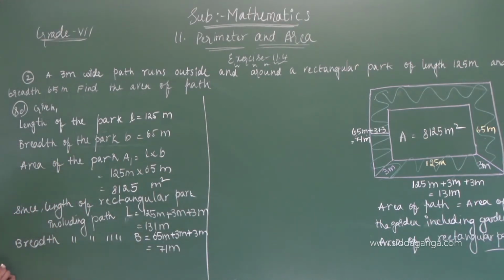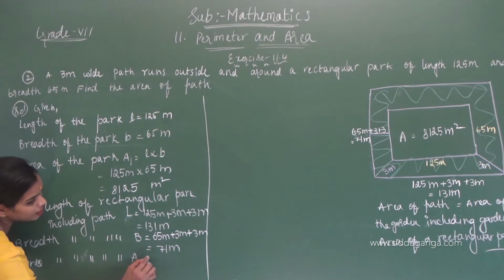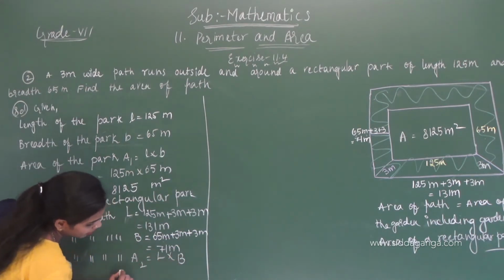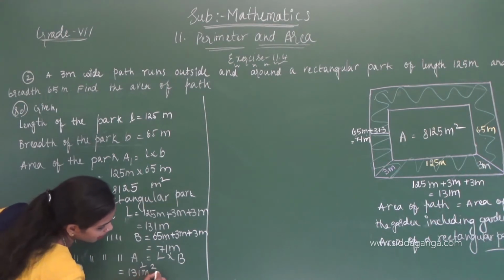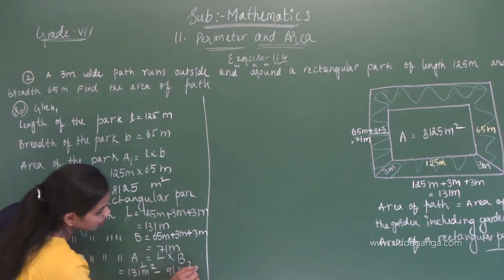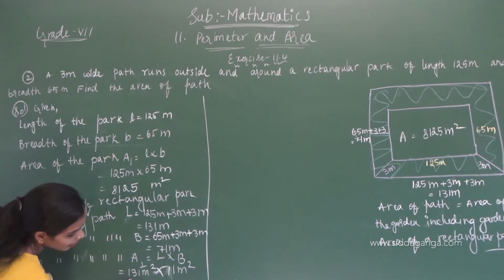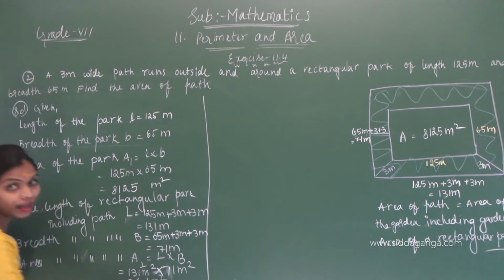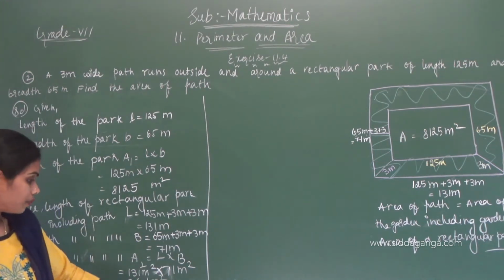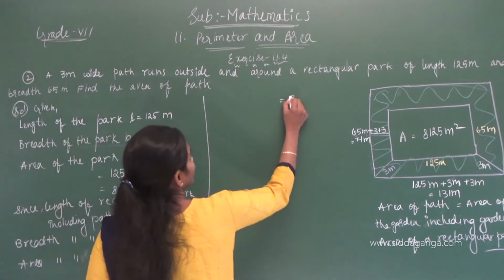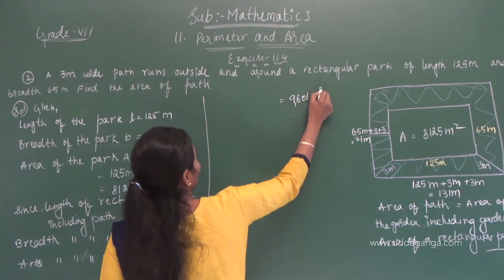Therefore, the area of the rectangular part including path, A2, equals length into breadth, correct? 131 meters into 71 meters equals 9601 meters square.